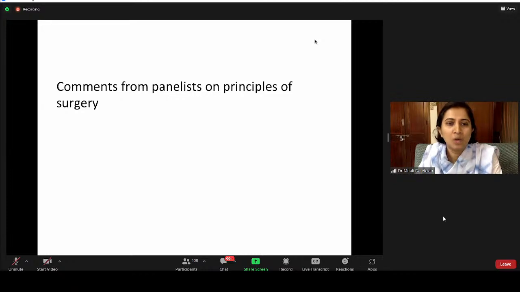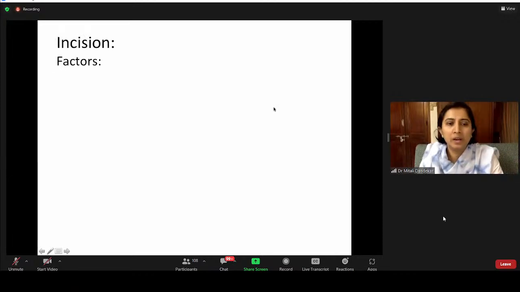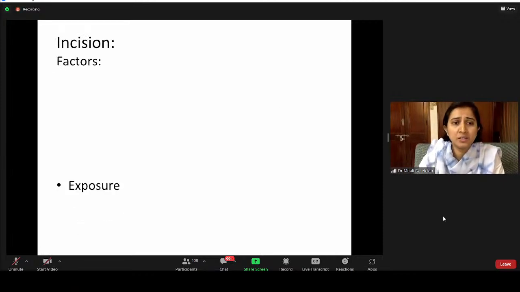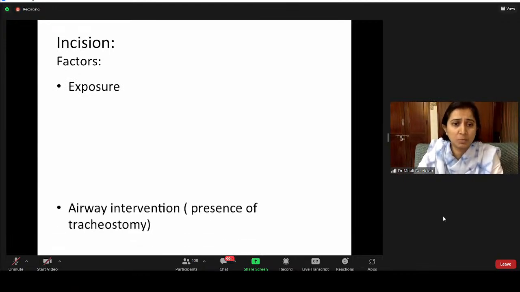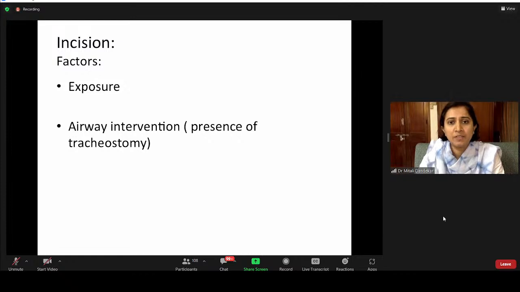Perfect. So once the goals, principles and indications are clear, let's move on. Planning of incision. The factors which by and large dictate planning of the incision are adequate exposure and whether there was any airway intervention due to prior tracheostomy, and there are certain modifications we would discuss.